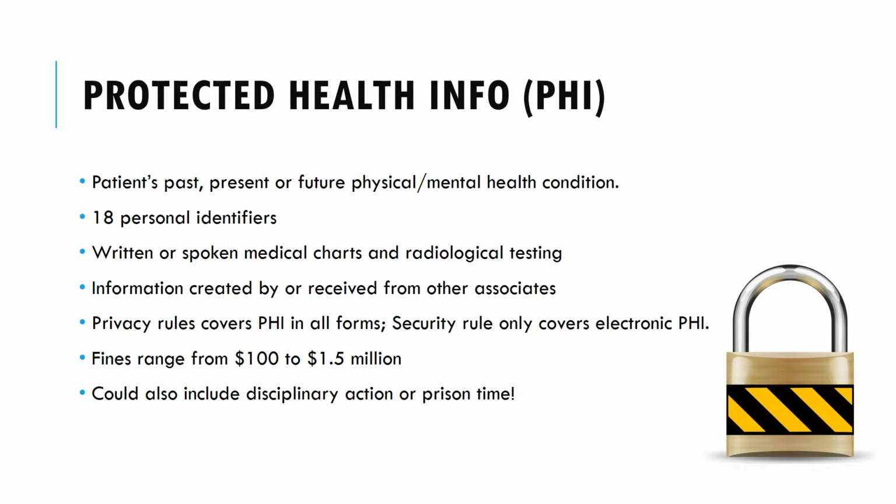When dealing with HIPAA, it is important to know what is considered protected health information, also known as PHI. These include: number one, a patient's information related to a patient's past, present, or future physical and/or mental health or condition, including being a patient treated at a fixed or mobile site. 2.